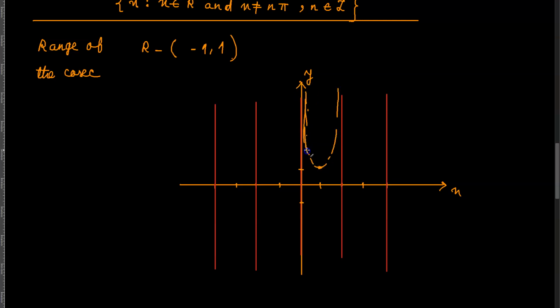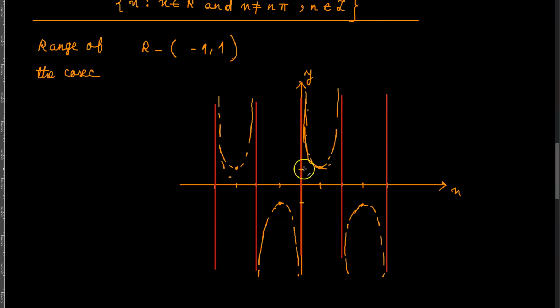When x is above 180 degrees, the sine becomes a negative value, so you would get a function like this. When x is negative pi by 2, you get a positive value again, and so on. That would be the cosecant function.